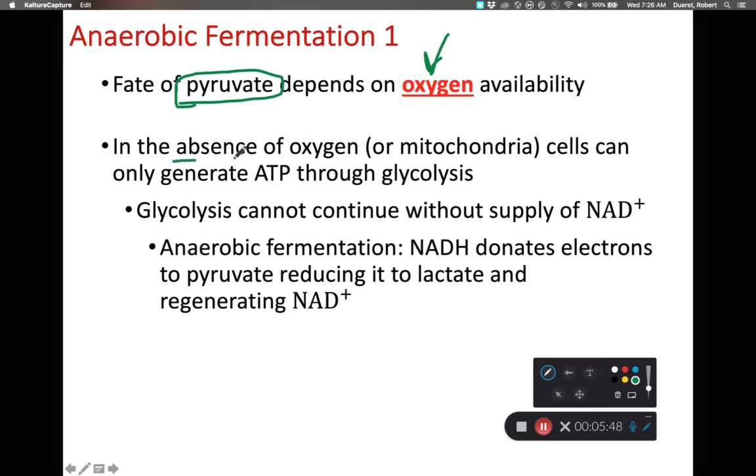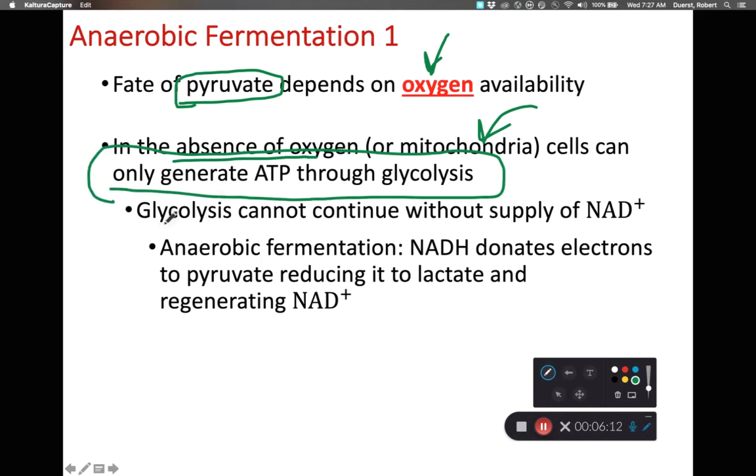But if we don't have any oxygen, or if we think of a red blood cell, for example, red blood cells typically have lots of oxygen, but they don't have any mitochondria. The cells themselves can't generate ATP through aerobic respiration, and they instead only are going to generate ATP through glycolysis, that first part of cellular respiration.